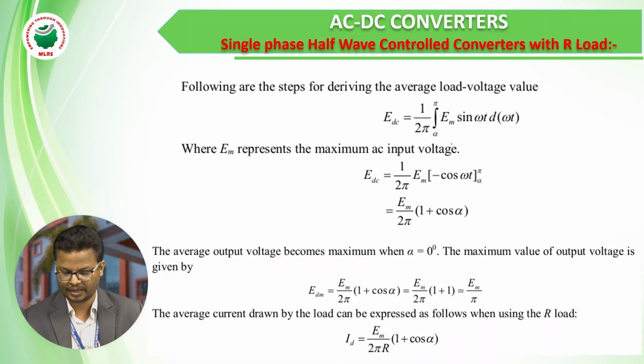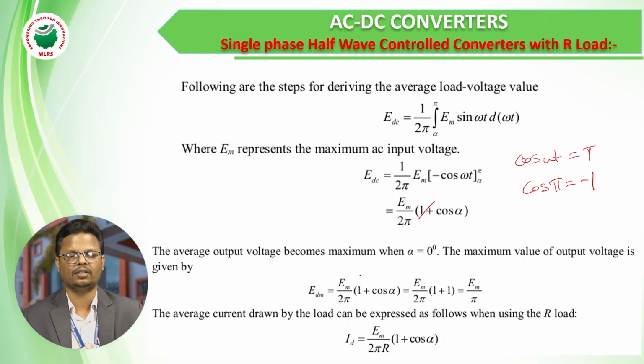The integral of sin omega t is minus cos omega t. Substituting the limits alpha and pi, cos pi equals minus 1. So minus into minus gives plus, so we get 1 here. After that we have a minus, so minus minus plus, and we substitute alpha.